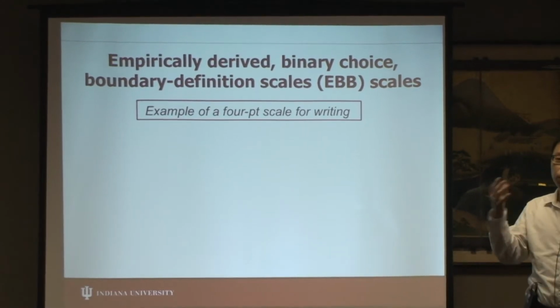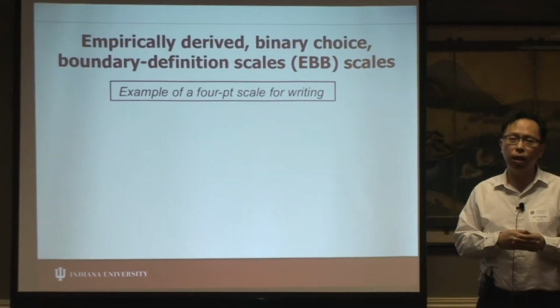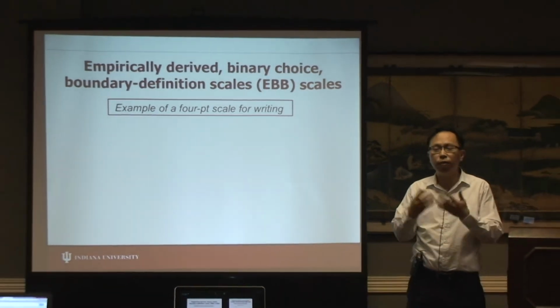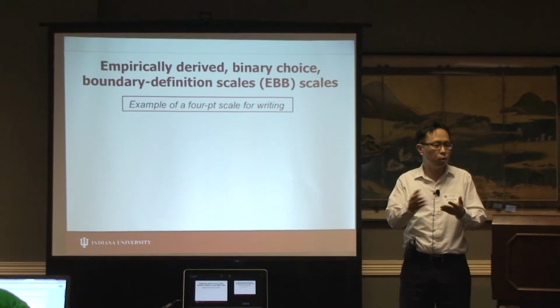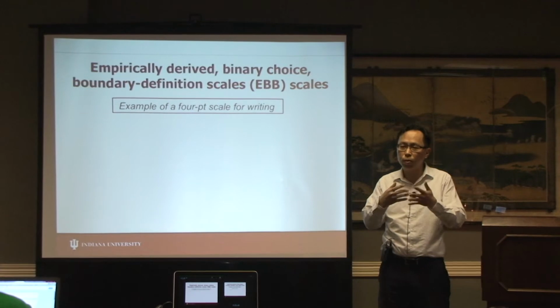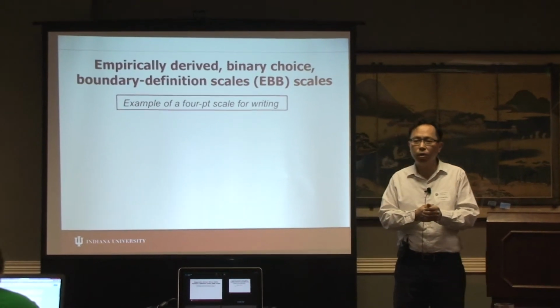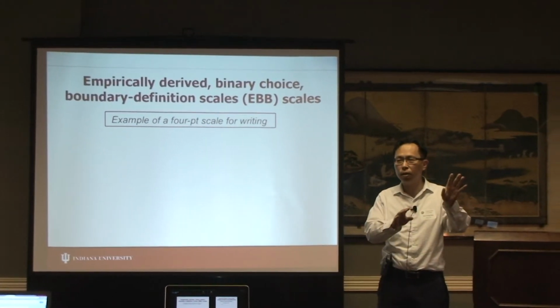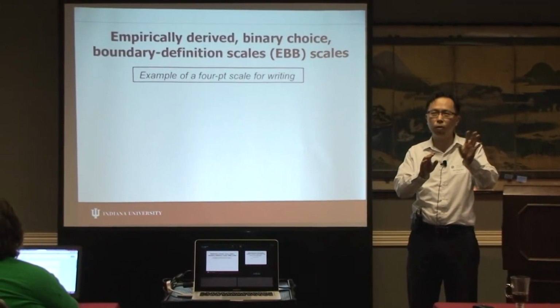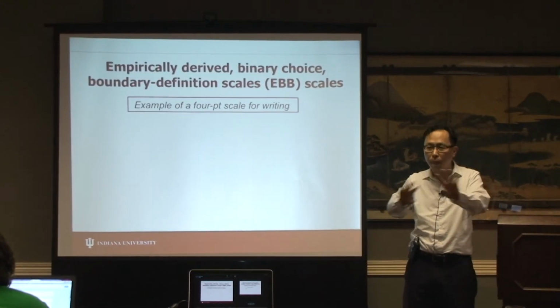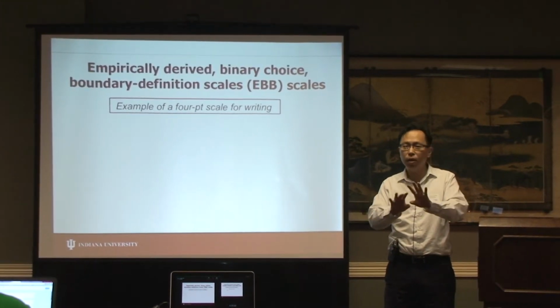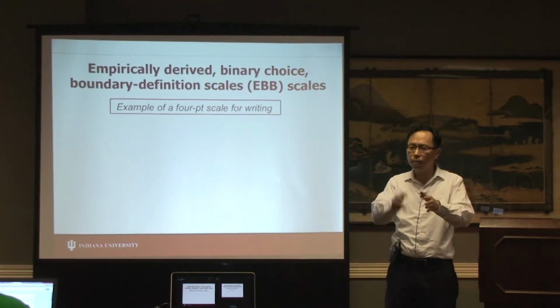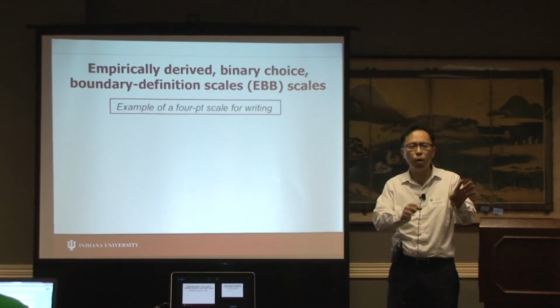So you have a group of teachers or raters, and if it's writing samples, you read through the group of students' samples and decide which are good or bad, right? So you make binary decisions, and then you talk about what makes the distinction between good and bad writing.